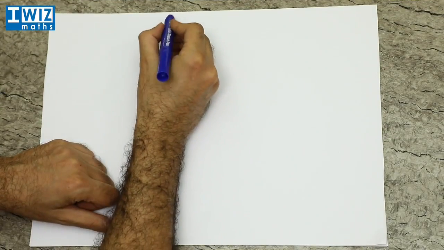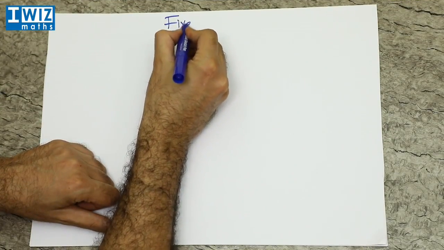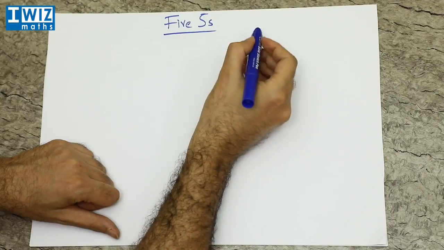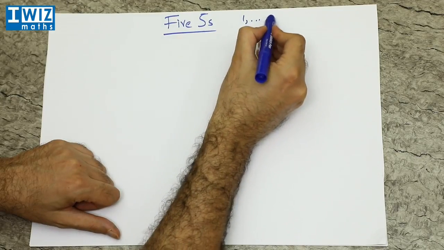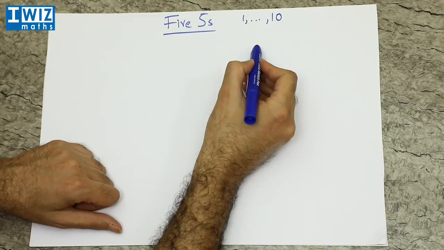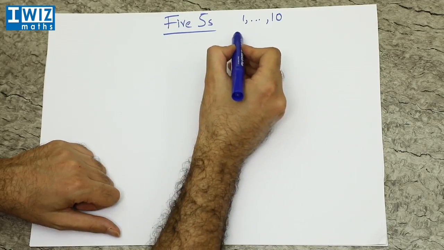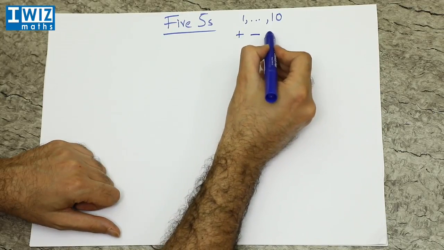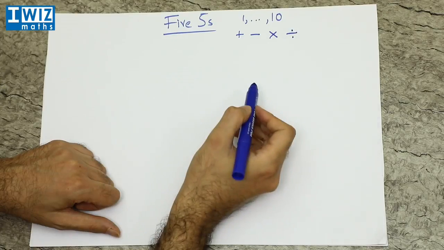Okay, so the puzzle is 5 fives. So we're meant to get to the numbers 1 all the way to 10 using the following math operations, that is plus, minus, multiplication and division.